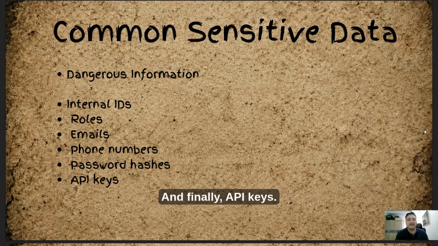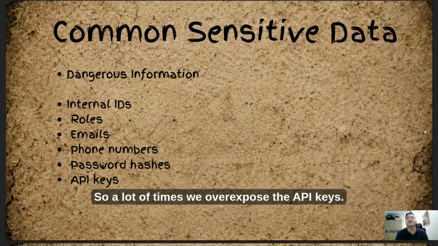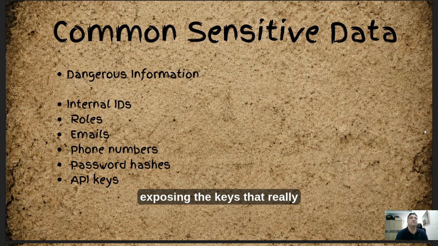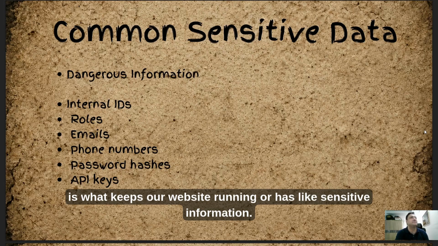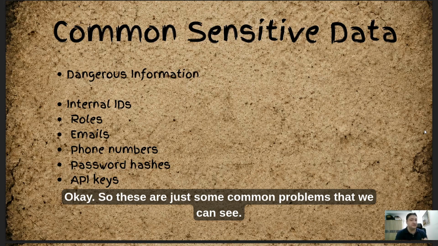Okay, and finally, API keys. A lot of times we overexpose API keys. Maybe we don't use a .env file like we should. So now we are exposing the keys that keep our website running or that protect sensitive information. These are just some common problems that we can see.